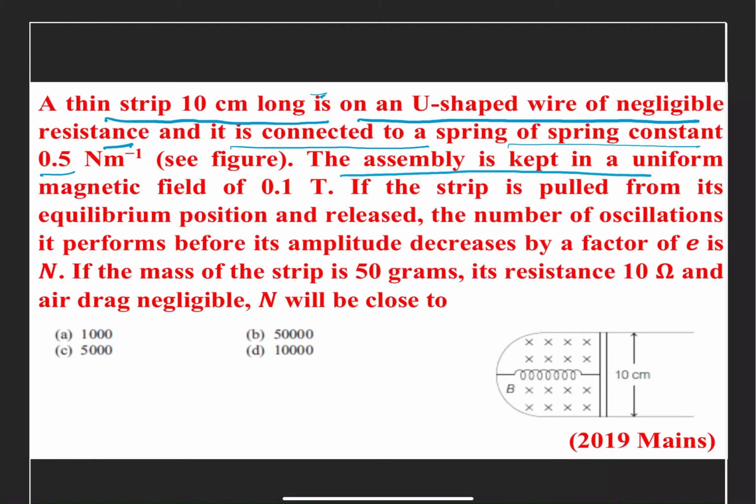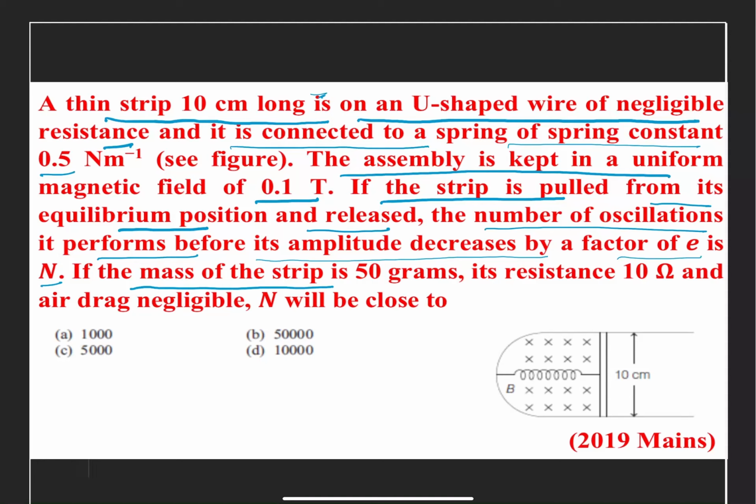The assembly is kept in a uniform magnetic field of 0.1 Tesla. If the strip is pulled from its equilibrium position and released, the number of oscillations it performs before its amplitude decreases by a factor of e is N. If the mass of the strip is 50 grams, its resistance is 10 ohm, and air drag is negligible, N will be close to.